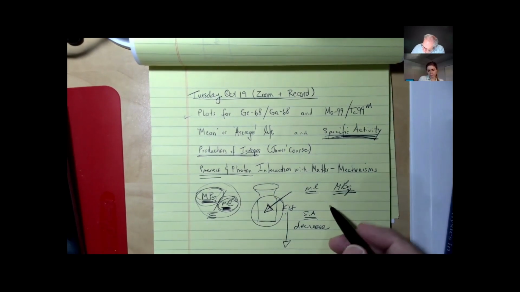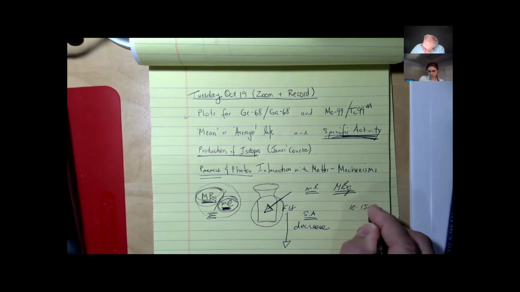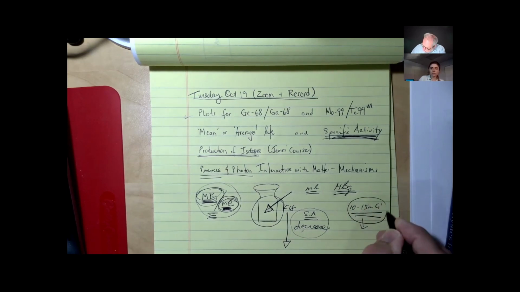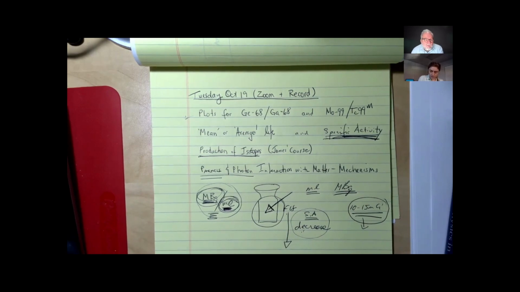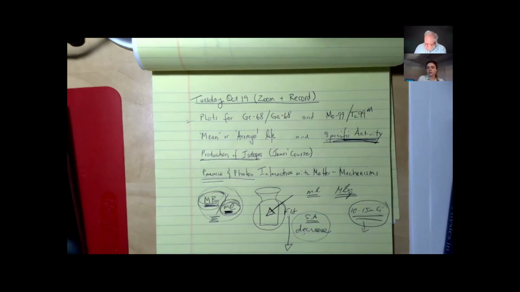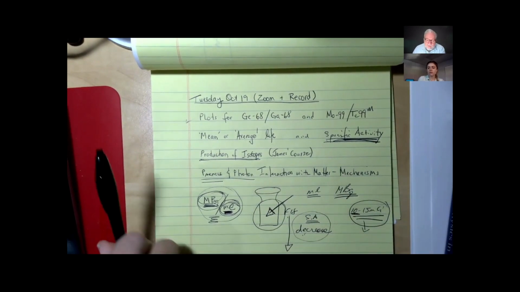So if you were going to do a study later in the day and you were aiming for, say, 10 to 15 millicuries of F18, you would end up drawing up more volume later in the day, because you've got lower specific activity, to match that. Earlier in the day, you wouldn't need to draw much volume to hit this mark.